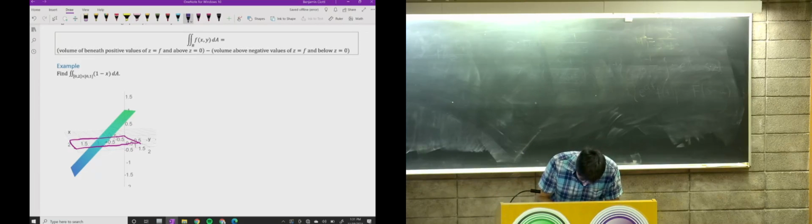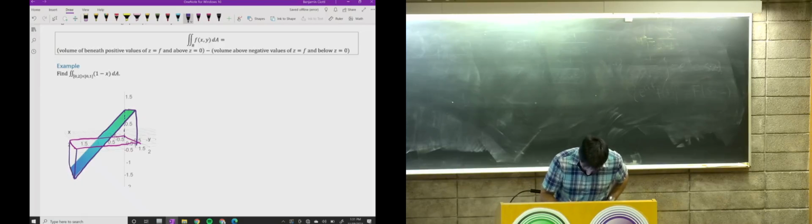All right, so let's see. All right, I think I can see what to shade in. So we're going to have positive volume right here, because this is above the xy plane.